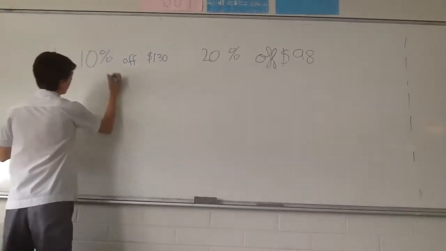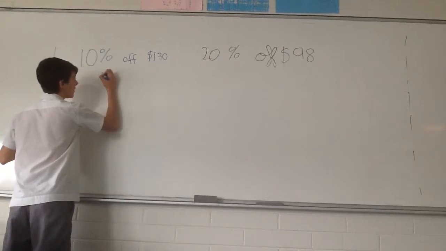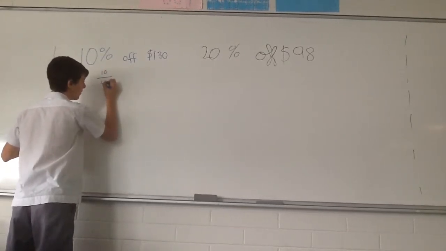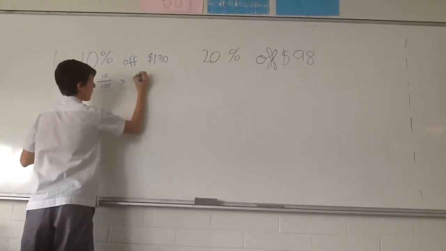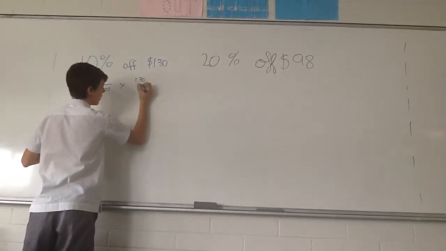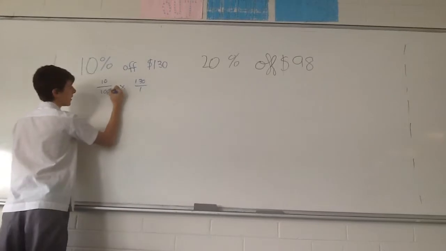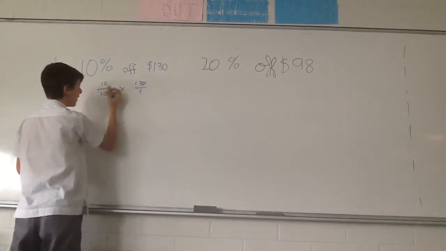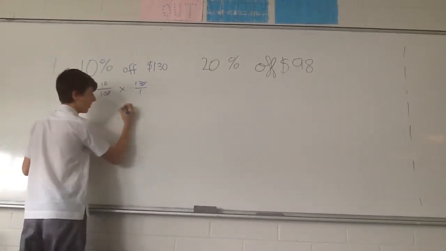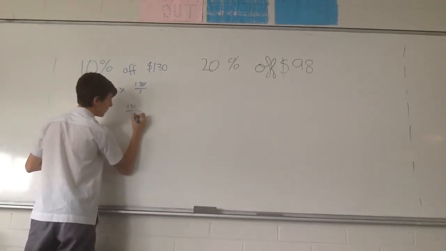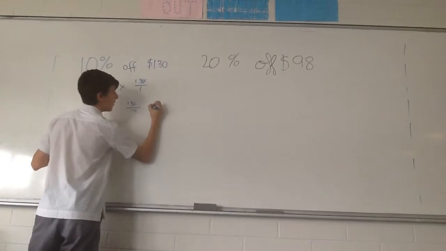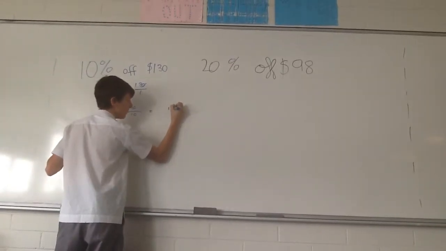So firstly, you have 10 over 100 as a percentage there, converted into a fraction, you times that by 130 over 1. You can cancel down here, take those two zeros away, and then 10 times 13 is 130 over 10, which equals 13.